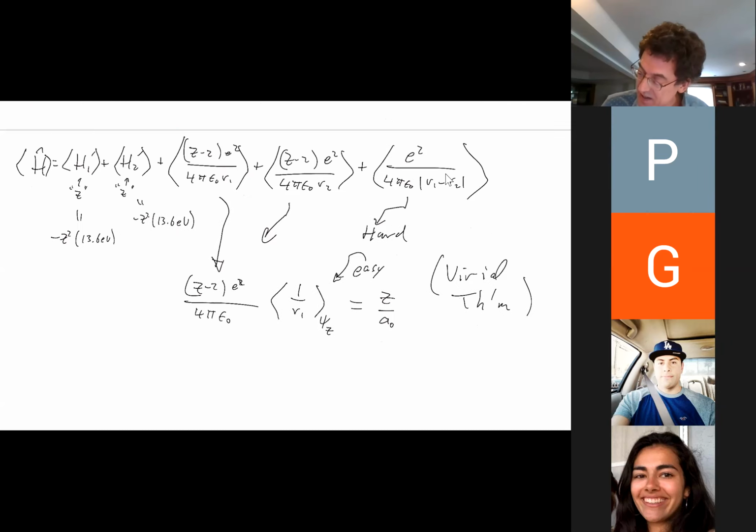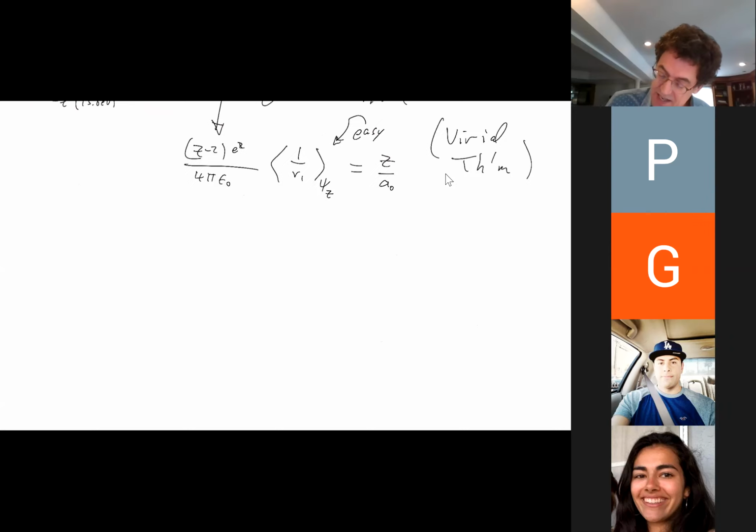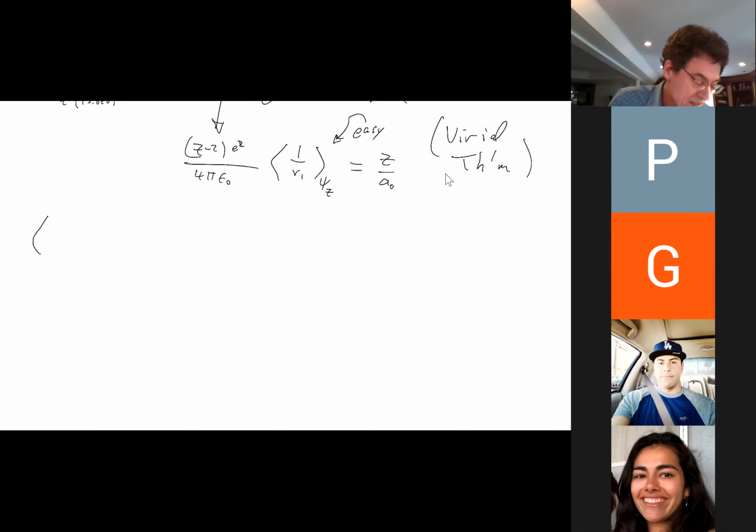We have to calculate this hard one, and I'm not going to set it up. It's in the book, but the expectation value of the interaction term is a hard integral.